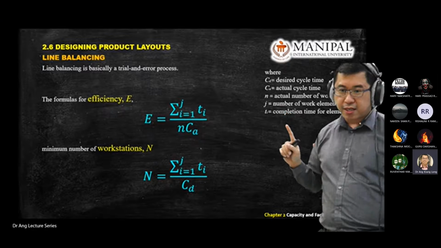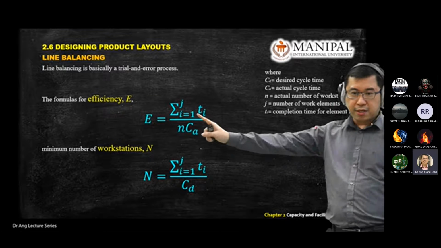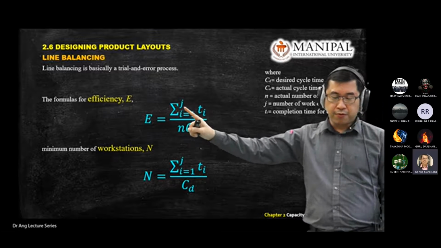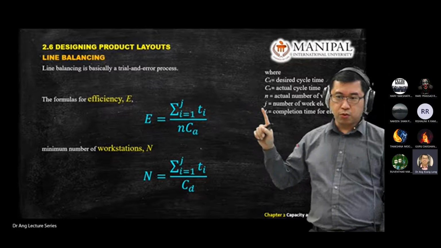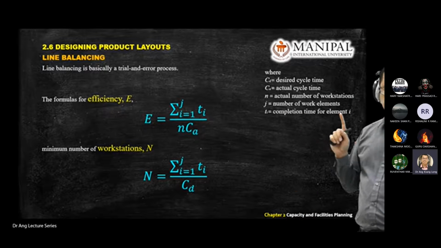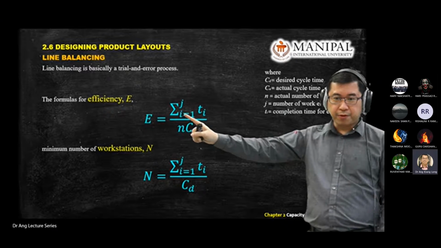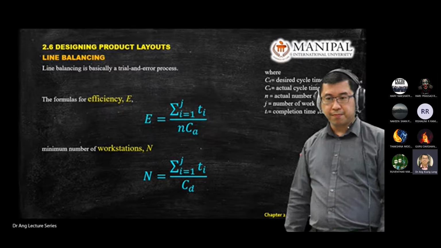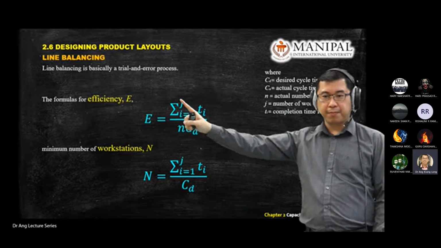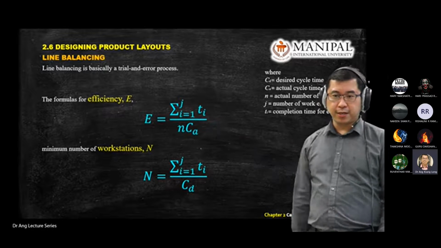Ti is the completion time for each element. It is a sum of the time that you take to complete all the elements, because it's from i to j. So you combine from the first element until the last element. Or you can say that this is your flow time, the one that adds all the times together.